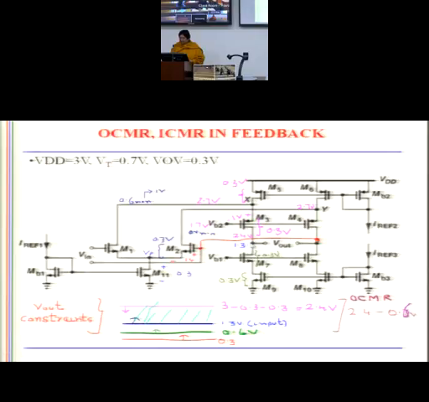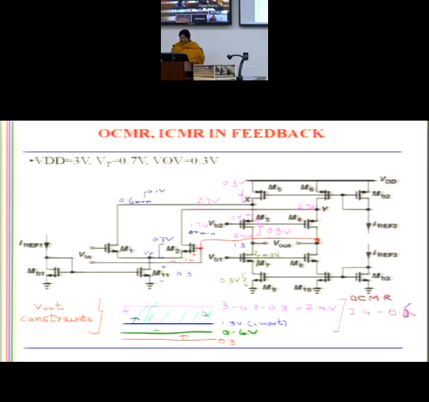So move from this path onwards, plus 0.3 minus 0.3. Only 0.3, which is this limit.